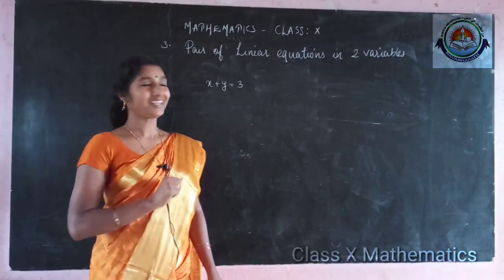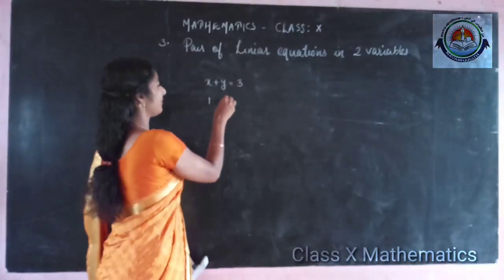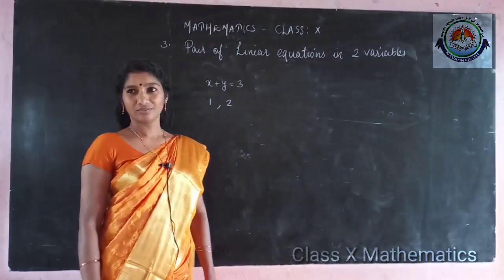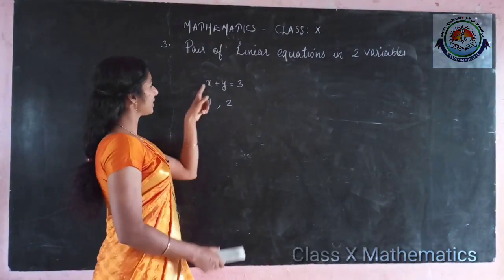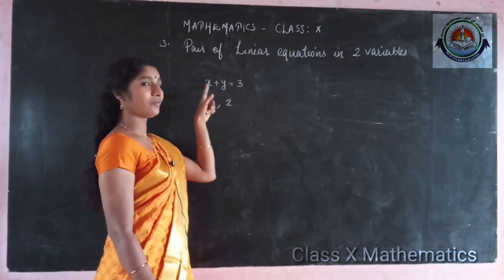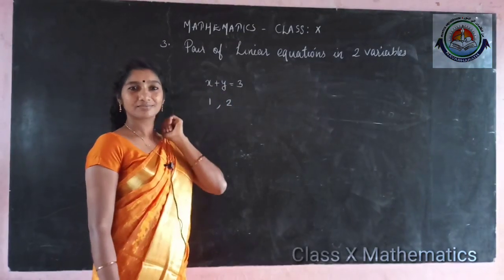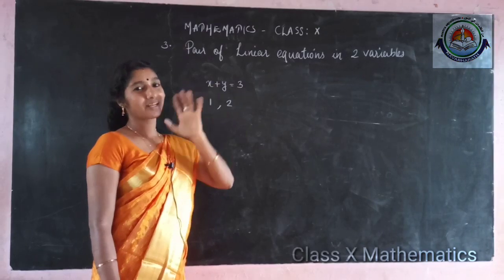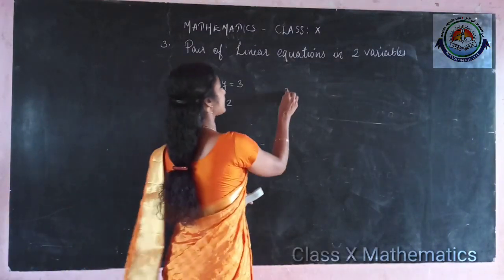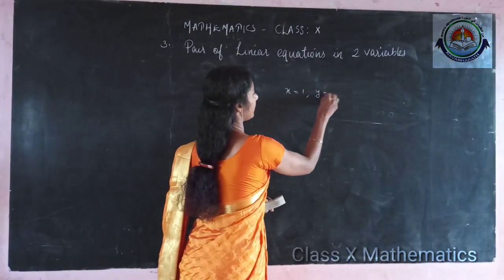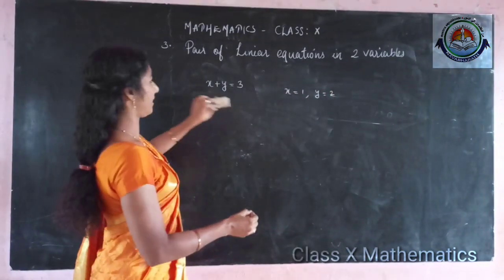Yes, one of you is saying when x equal to 1, y equal to 2. How did he get this answer? If you give x equal to 1 and y equal to 2, 1 plus 2 is equal to 3, correct? So x equal to 1 and y equal to 2 is one solution of this equation. Then tell me another solution.